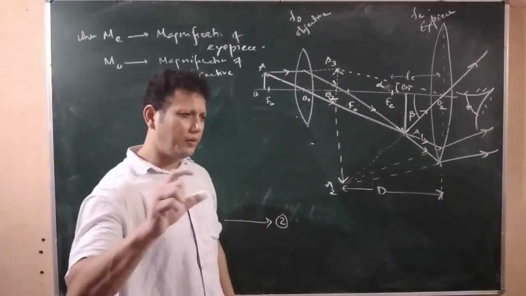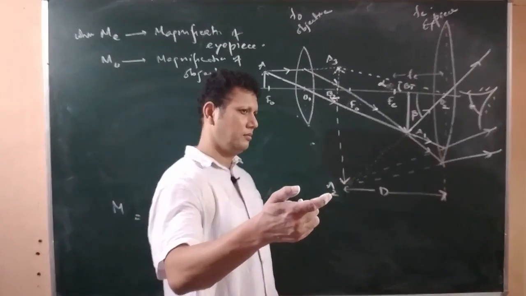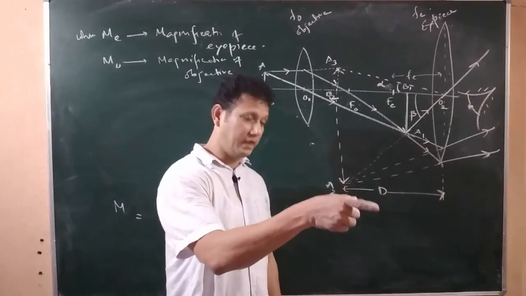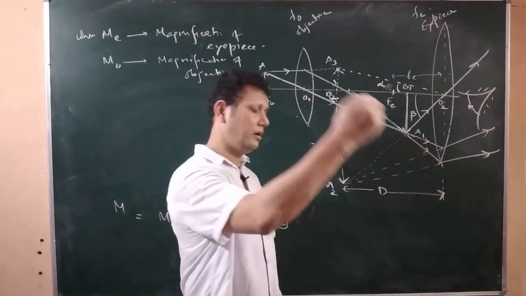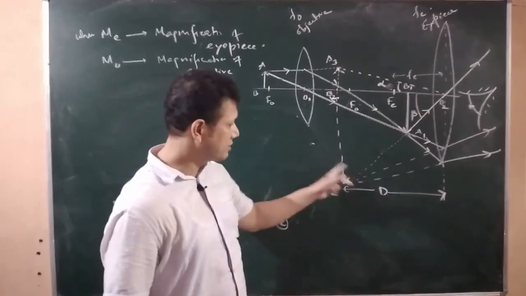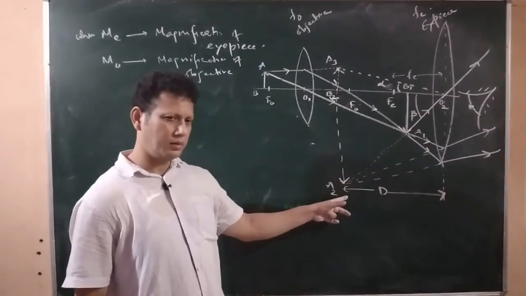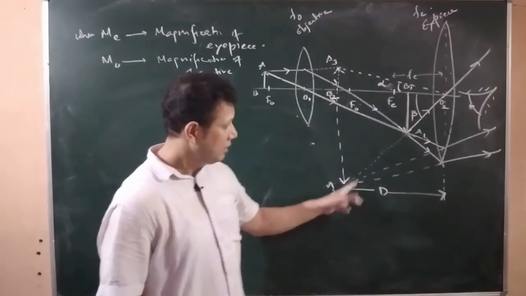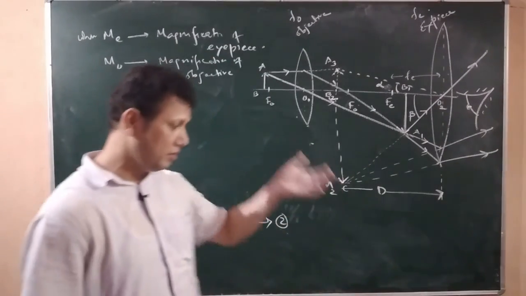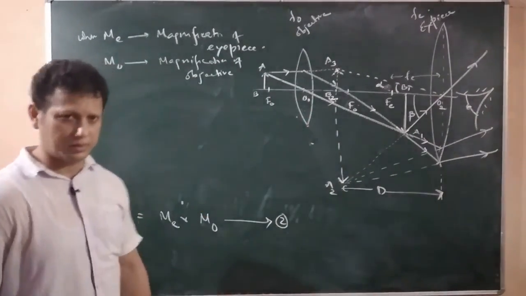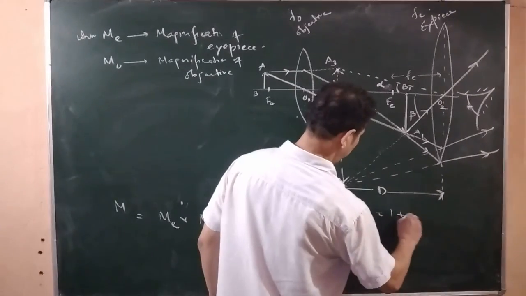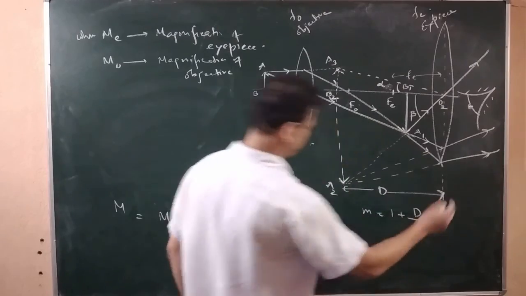So which formula can we use for the magnification of this lens? Whenever an image is formed at the near point due to a lens, we can use the formula we already studied in the simple microscope: m = 1 + d/f.